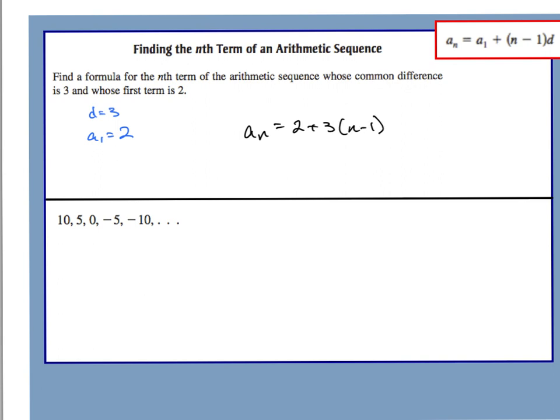Now, in most cases, that is fine. That is perfect for a sub n. However, sometimes it's multiple choice, and they're going to distribute and combine. So if I distribute and combine this, I'd have 3n minus 3, and then I still have this plus 2. So I combine like terms and have a sub n equals 3n minus 1.